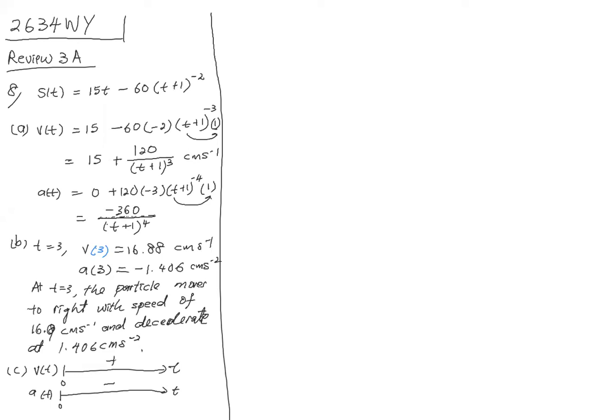But this one is always different sign. So how are you going to answer this question? They say for what value of t is the particle speed increasing? It never increases. Yeah, correct. The speed never increases.